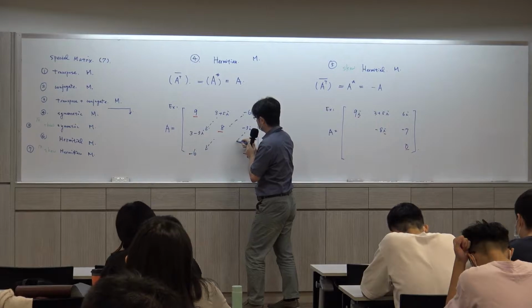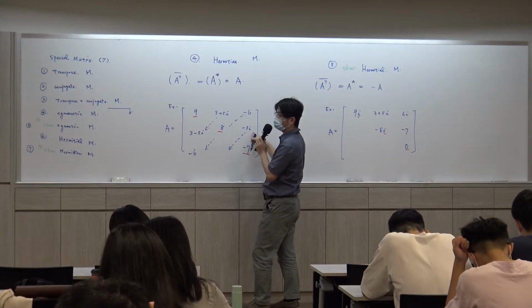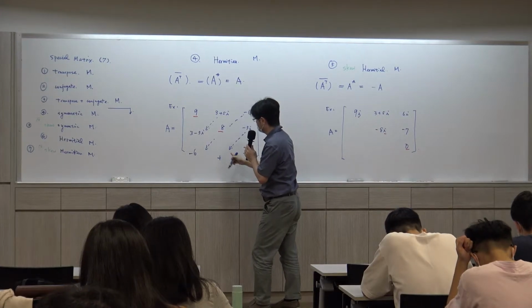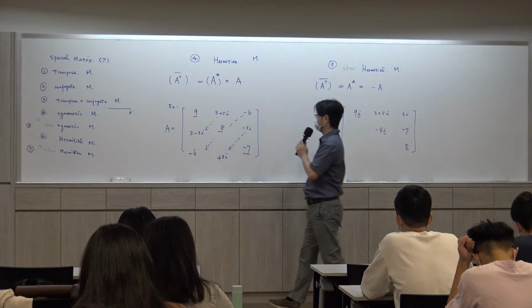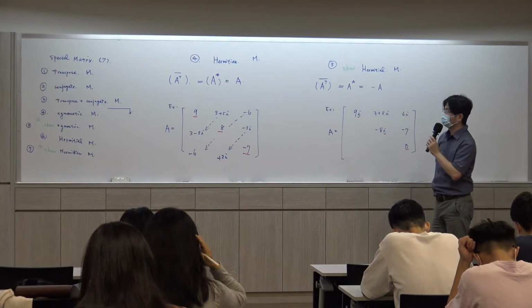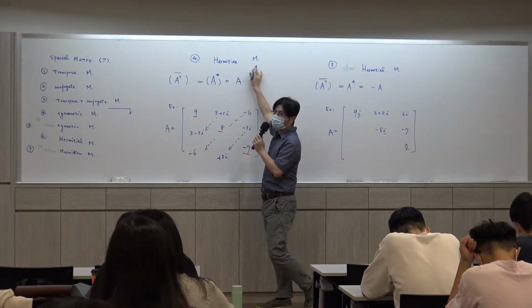After the transpose operation, it will go to this side. It should be positive 3i. Okay, so it's a representative Hermitian matrix.